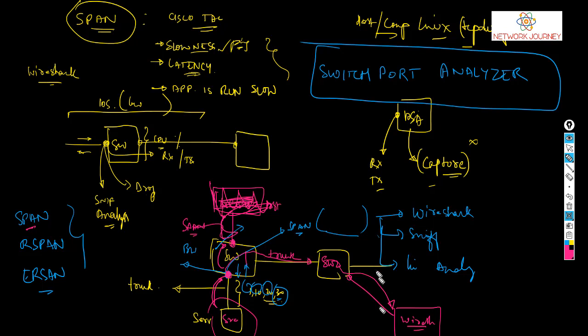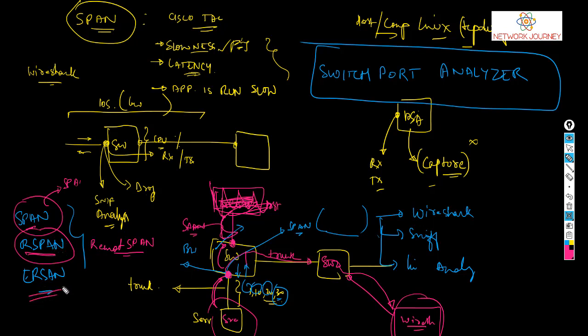In this kind of design, when the destination is not on the same switch, it's remote, we call it remote SPAN, remote switch port analyzer. The simple analyzer was where source and destination were on the same switch; this is where source and destination are on two different switches.